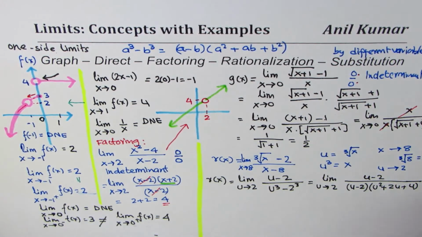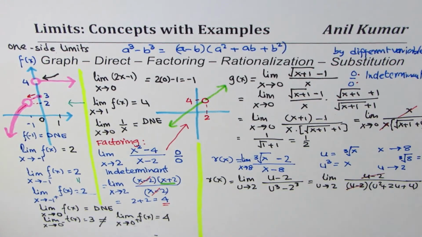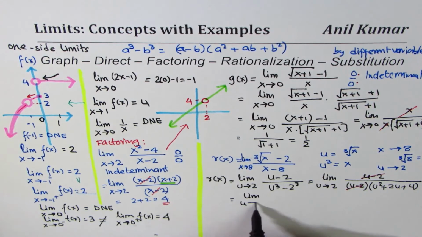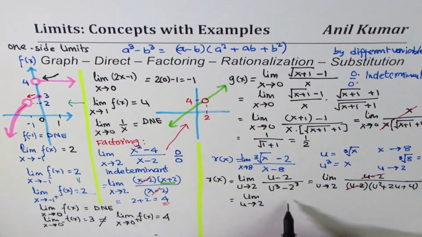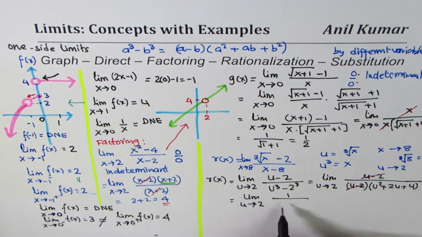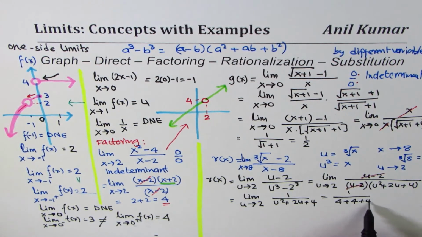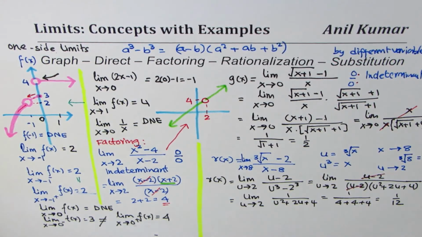Now, we can cancel u minus 2 and get the result. We have the limit as u approaches 2 of 1 over u squared plus 2u plus 4. Is it okay? And substituting 2, we get 1 over 4 plus 4 plus 4, which is 1 over 12. So the limit of this function exists, and it is 1 over 12.